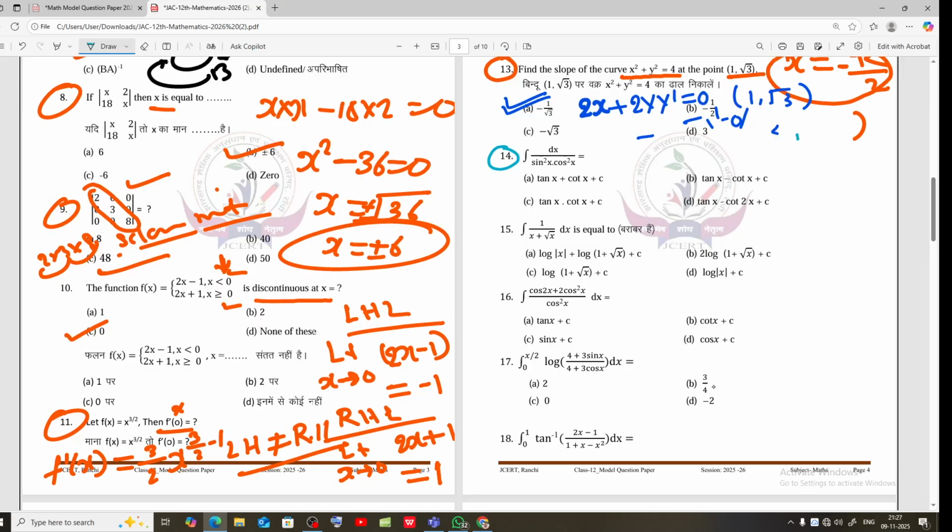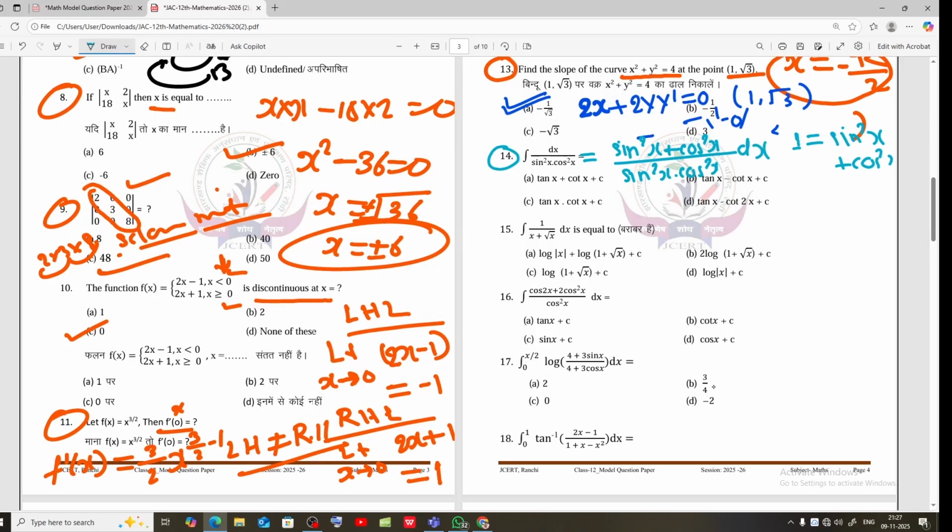You have the trigonometric identity formula 1 equal to sin square x plus cos square x. First it can be written as sin square x plus cos square x divided by sin square x into cos square x, dx.